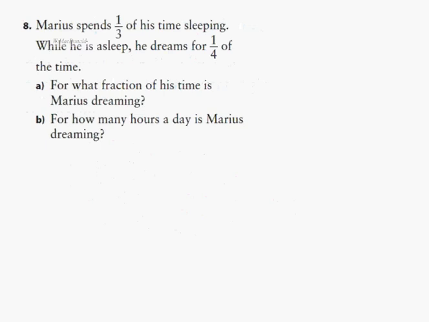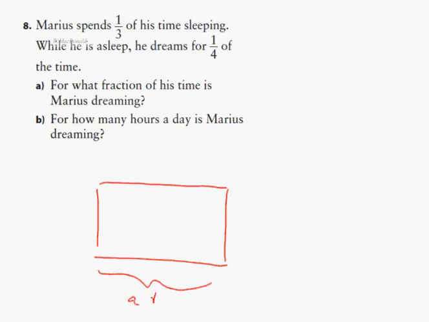Question 8 says Marius spends 1/3 of his time sleeping. So what I'm going to do is I'm going to make this a day. This is going to represent a day. Okay? And in that day, 1/3 of the time, Marius is asleep. This represents sleeping. And I'll just put SLEEP in there. That's all the sleeping time.